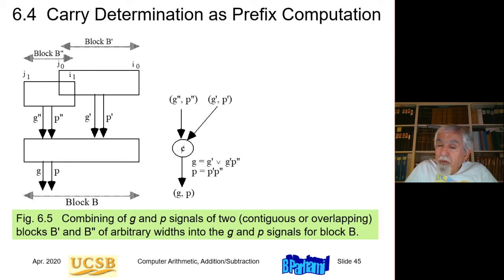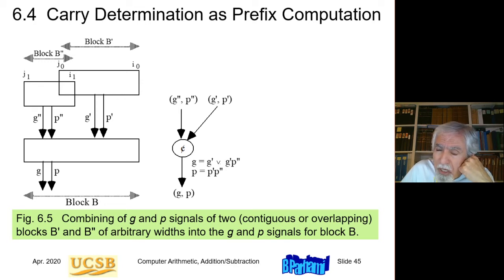Okay, so I've shown here what I call the carry operator. That circle with a send symbol inside. So that symbol stands for the carry operator. And the carry operator basically takes the P and G signals for 2 blocks, P prime, G prime for 1 block, and P double prime, G double prime for another block, shown on the left. And these blocks, again, can be overlapping.